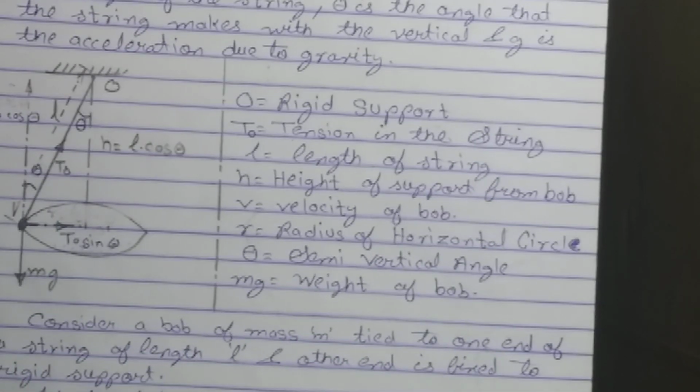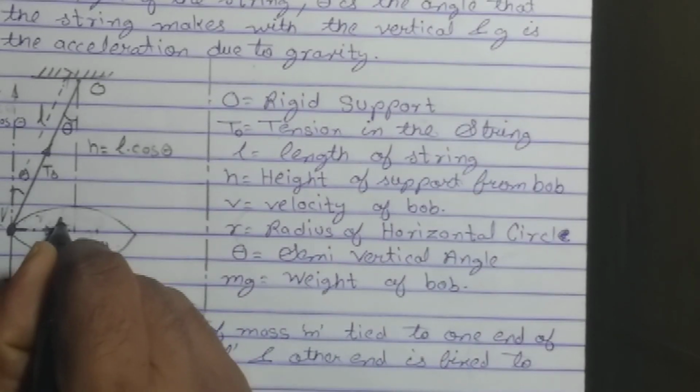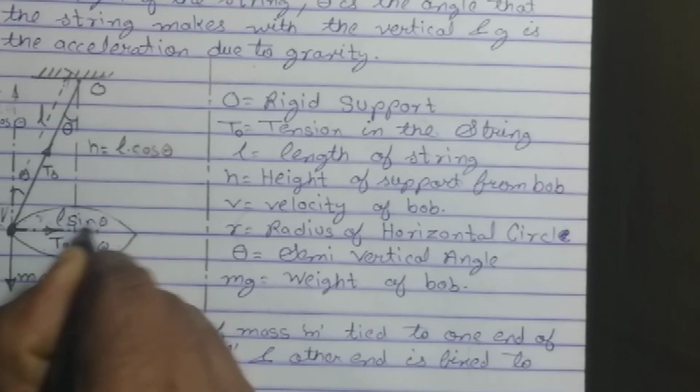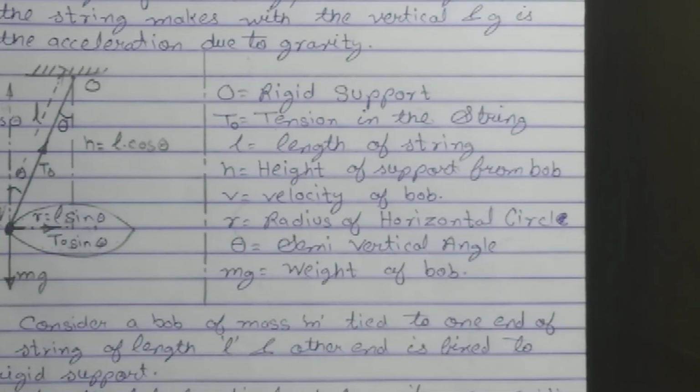Instead of tan theta, I can write sin theta upon cos theta. And what is the value of r? If I apply the geometry over here, the value of r is L sin theta. So I will substitute here.